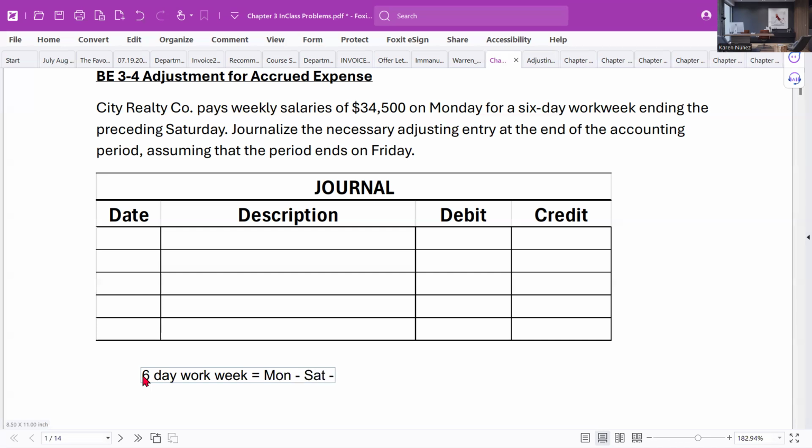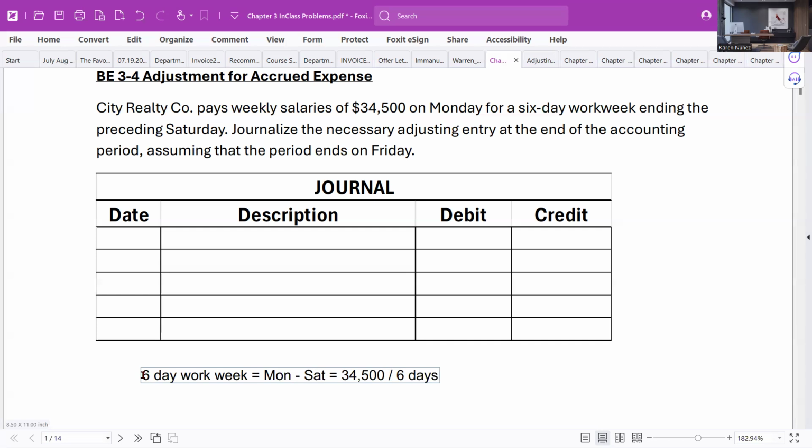And what it costs for a 6-day work week is $34,500. So that would mean that if it's $34,500 and it's for 6 days, right?